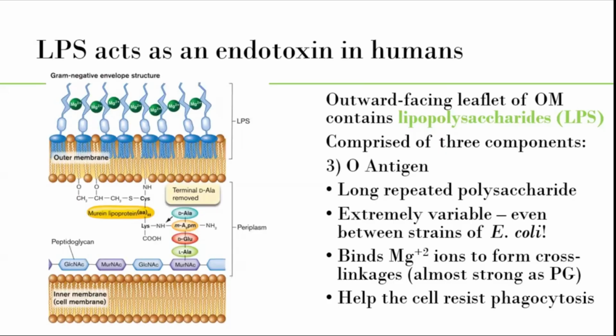And a cool thing about this too is it helps resist phagocytosis. So white blood cells will see this and they're like, not quite sure how I can get my mouth around that whole thing, so I don't know how to swallow this guy anymore. So basically it keeps them from being attacked by our white blood cells.